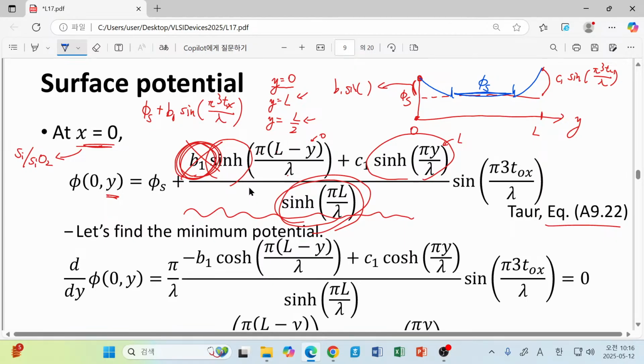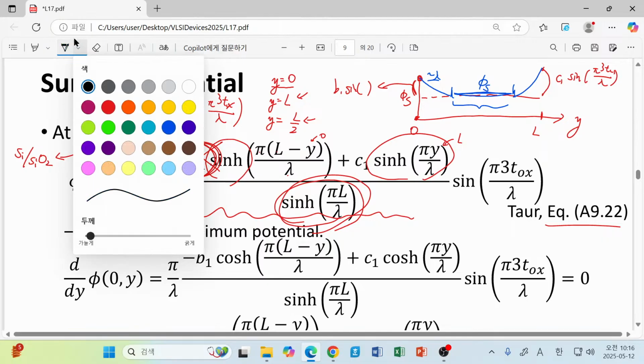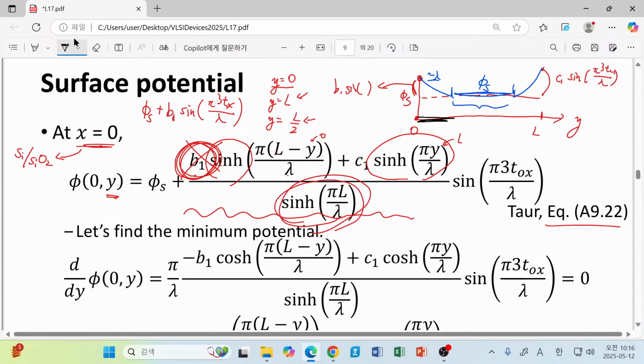So right now, I have drawn the length scale L, which is much longer than our length scale lambda. That's the reason why we have the intermediate point, which behaves just like a long channel device. But now, let's say instead of this long channel, think about a certain L value, which is quite short, like this. Then what will happen? This one will give us exponential decay. Also, this one will give us exponential decay.